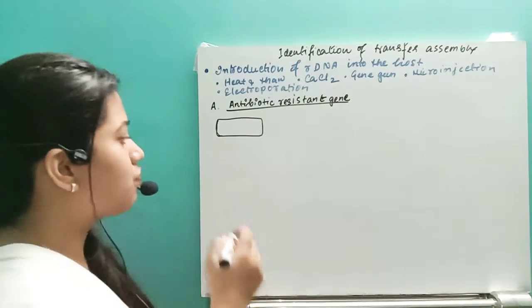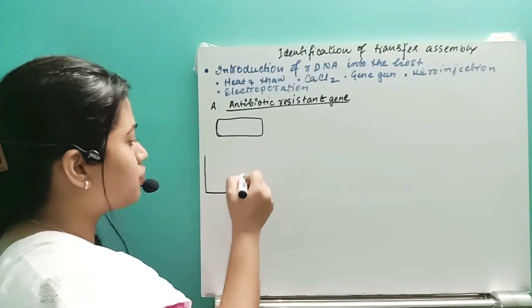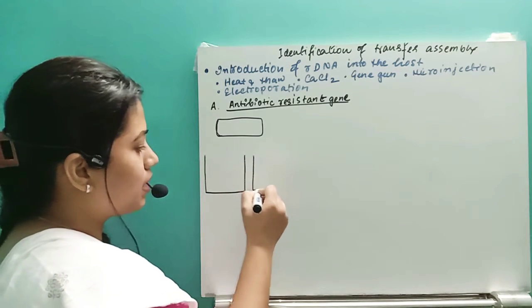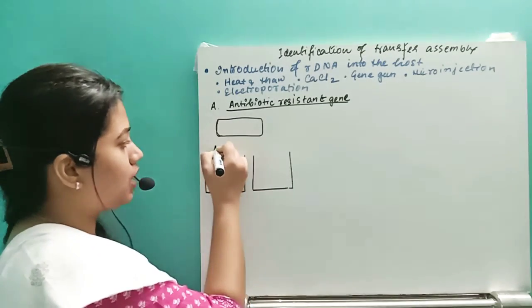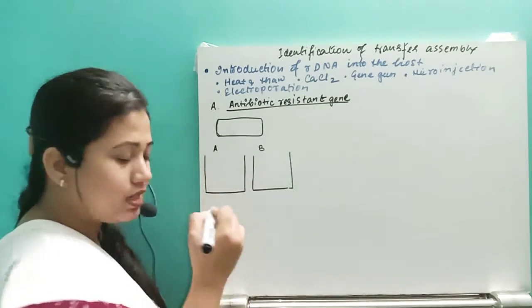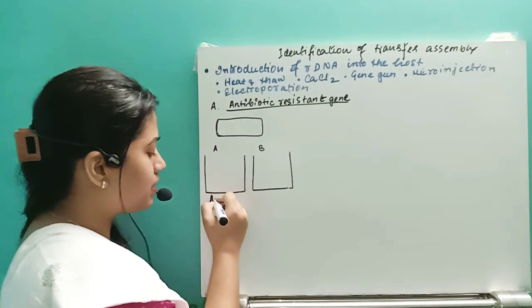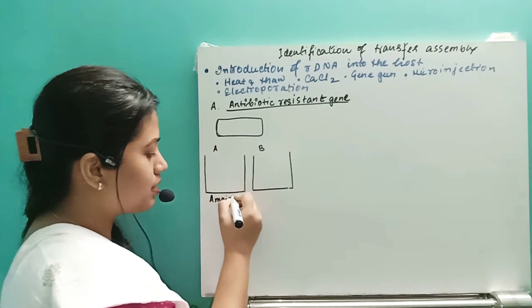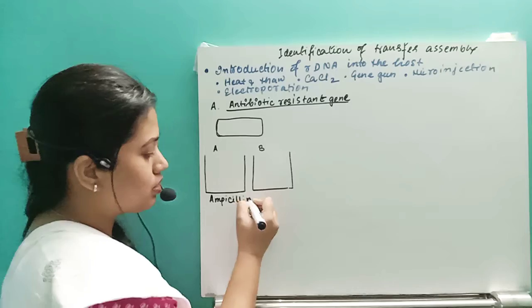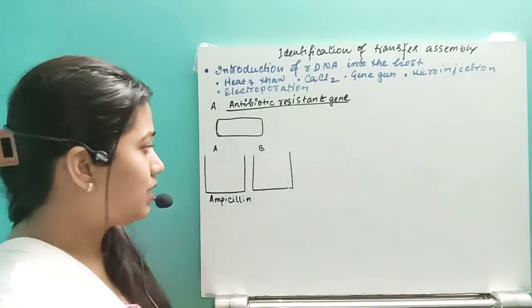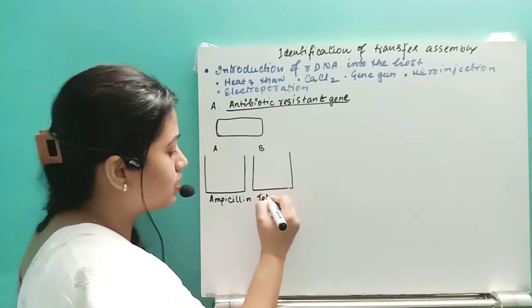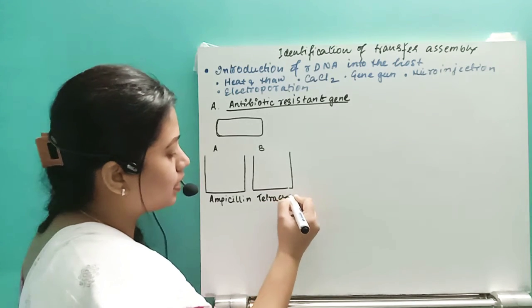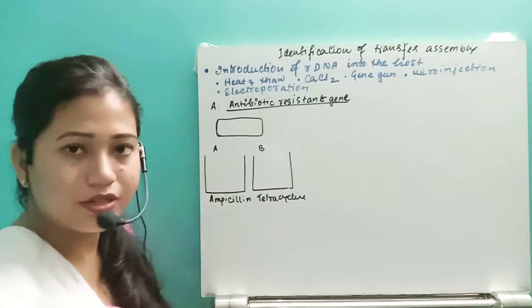Suppose we have two beakers containing antibiotics: this is beaker A, this is beaker B. In beaker A we have ampicillin, which is an antibiotic, and the second beaker has another antibiotic, tetracycline, right?